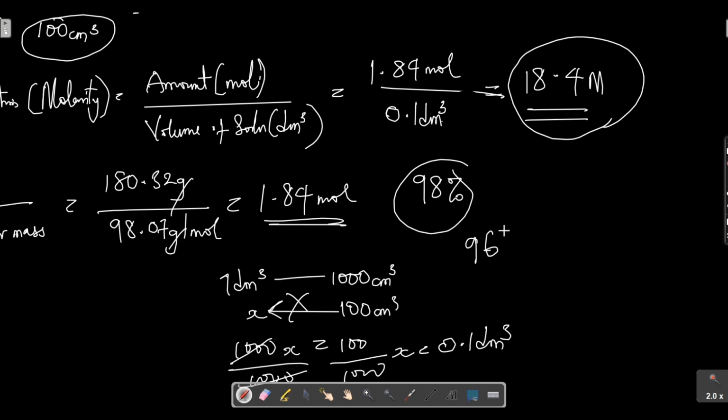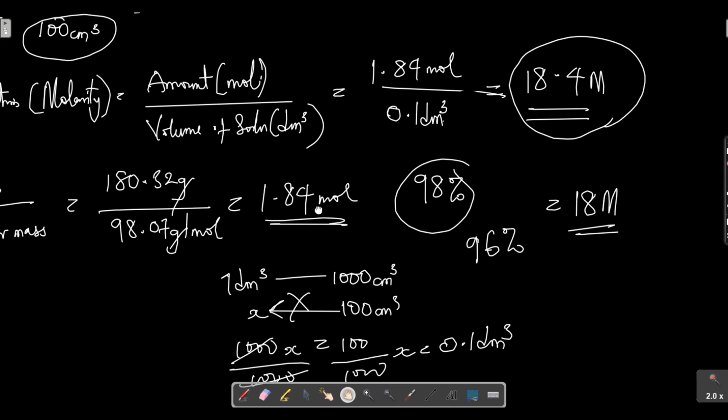But if you see 96%, replacing 98% with 96 in the calculation, you should be having 18 moles. So ensure you check your Winchester bottle very well to see the percent concentration there. But most stock solutions of sulfuric acid always come in 98% concentration.